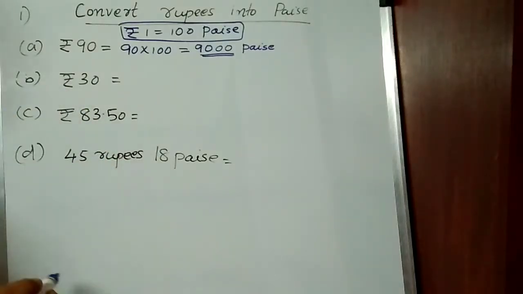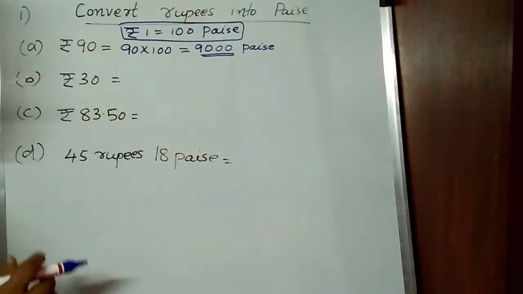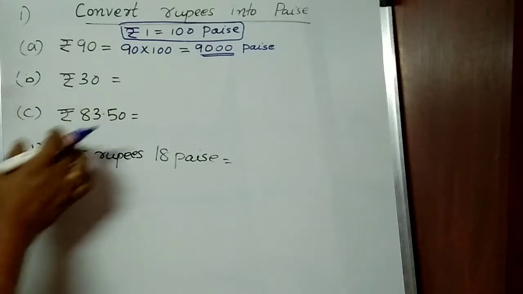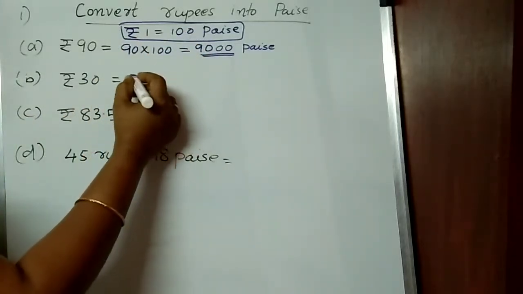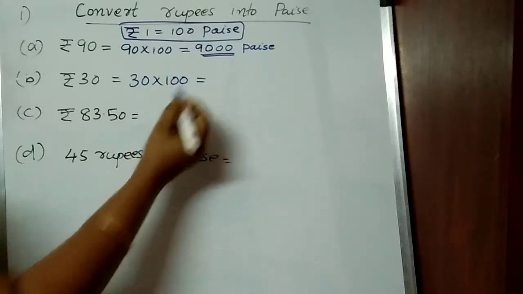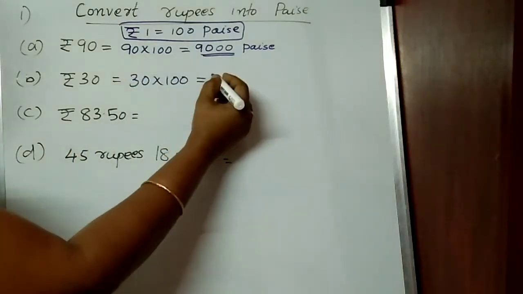Then, second question, rupees 30. How will you convert rupees 30 into paise? Here also you just multiply this number by 100. So, 30 into 100. Here also we multiply these two numbers in an easy way. First number 30, no change.